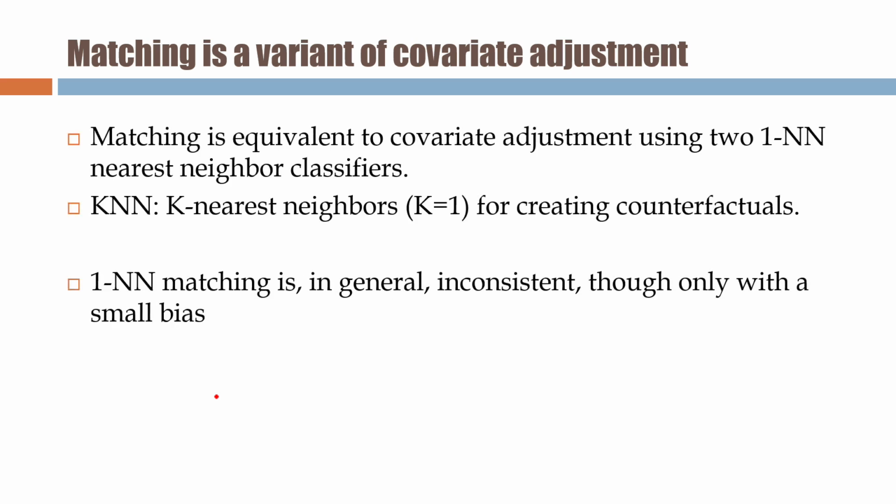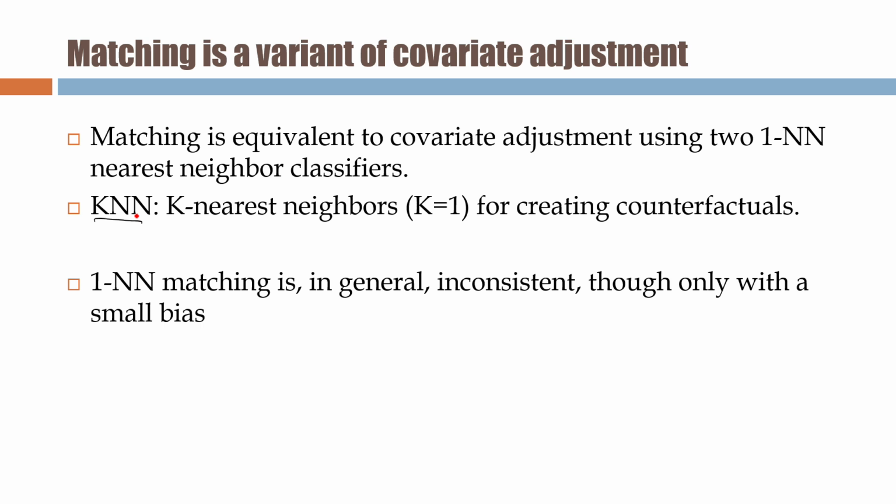So matching is a variant of the covariate adjustment. As I told you, KNN is K nearest neighbors. Remember, we estimate the counterfactor using any machine learning or regression, any prediction model.